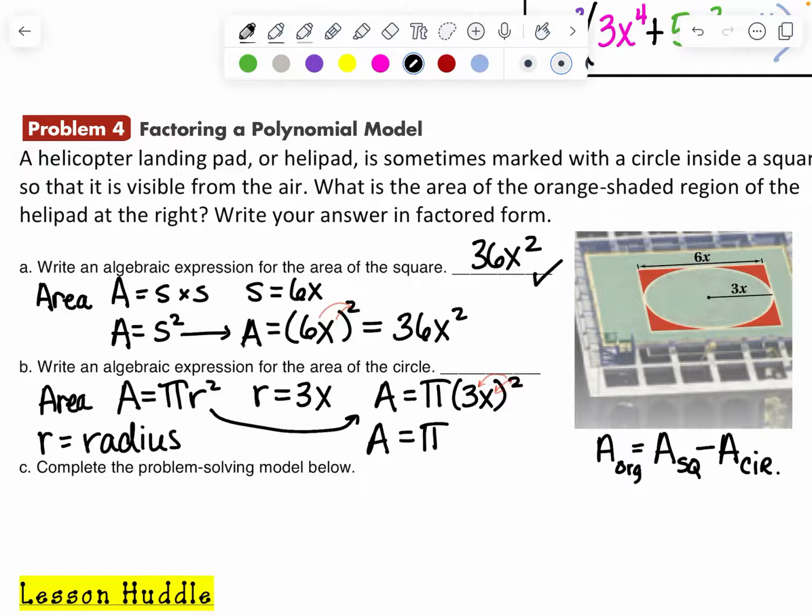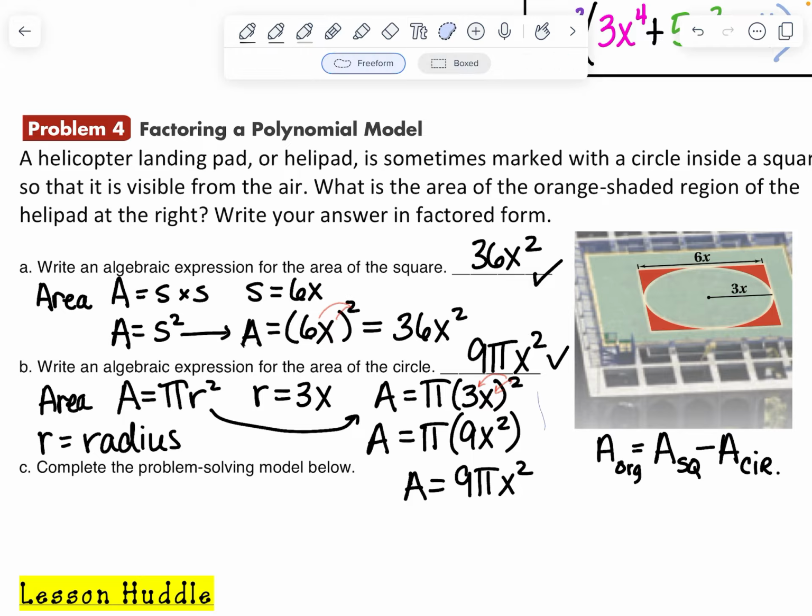And so we get pi times 9x squared. And so we're going to rewrite that now as area is equal to 9 pi x squared. So that's 9 pi x squared. And both of them have an x squared in it. So we kind of like that in math.